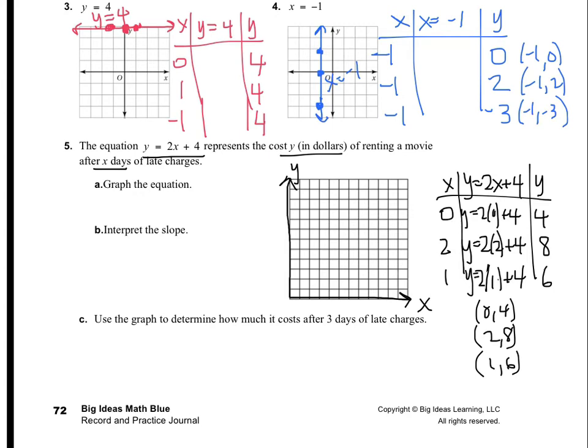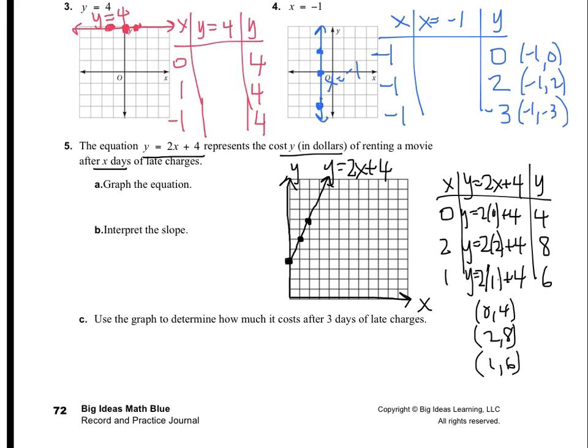So let's plot the points. 0, 4, and 2, 8, and 1, 6. Now you want to connect them with a nice straight line. And you should always write the equation, if you have one, on the line or somewhere near it.